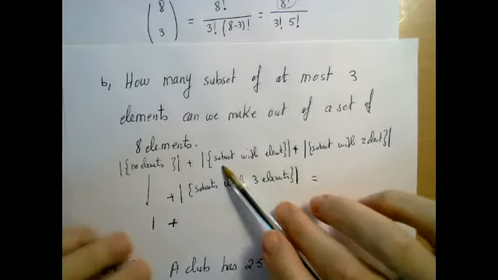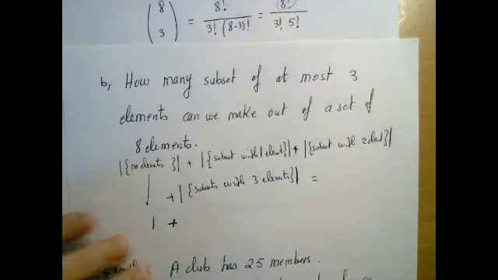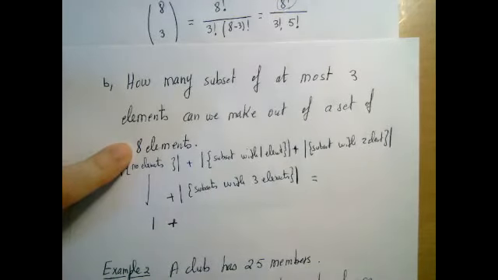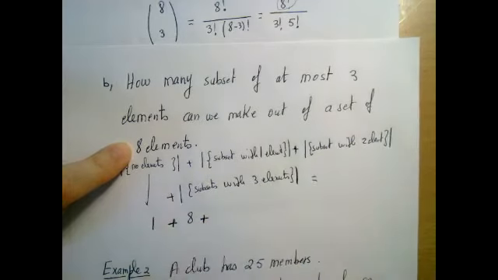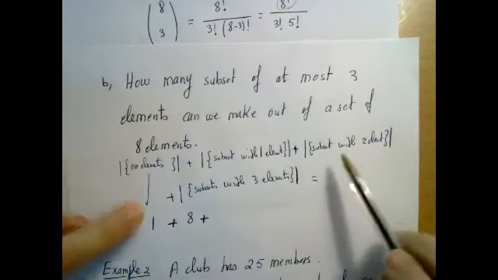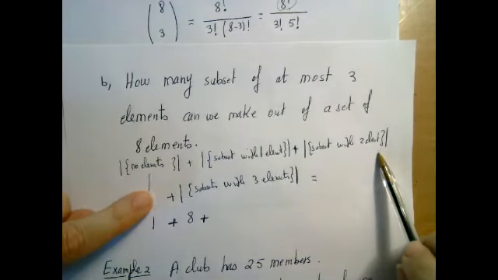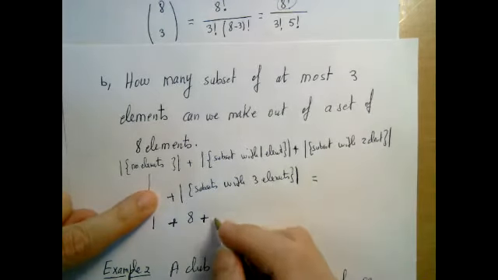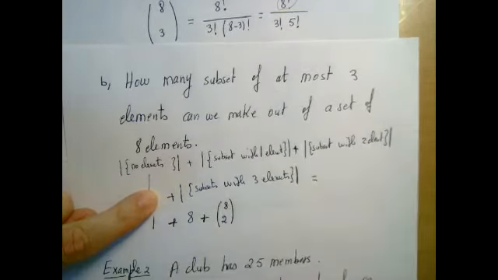Plus, how many subsets with 1 element? Here we don't really need anything, it's just 8, because the set has 8 elements. We don't need any fancy idea. Plus, how many subsets of 2 elements? It means in how many ways I can pick 2 elements out of a set of 8.